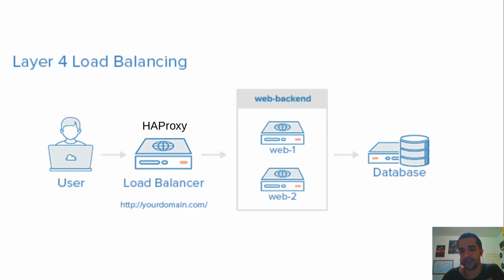That's what layer 7 does, because it implements the HTTP protocol. And in layer 7, you can see the URL, you can see the headers, I don't know, and depending on all of that, you will send your request to the web server that you decide.